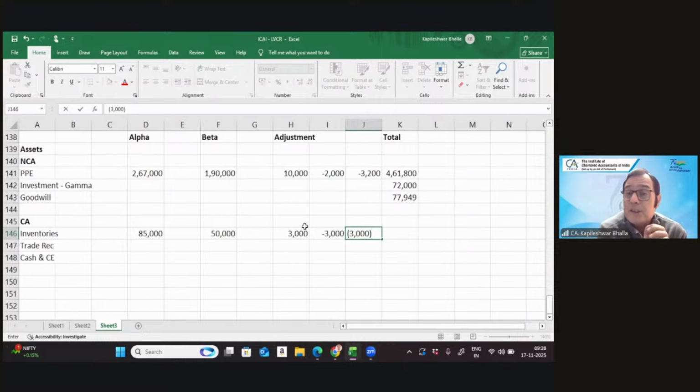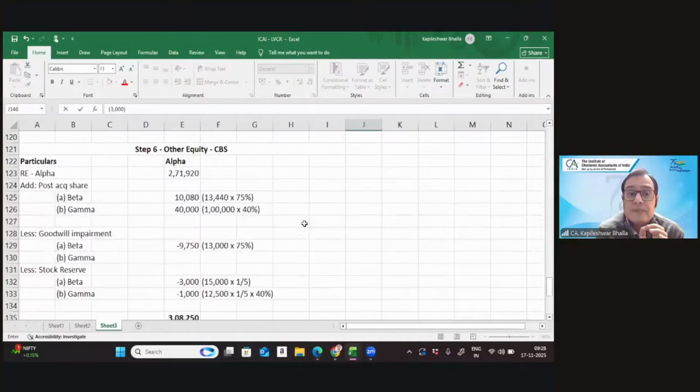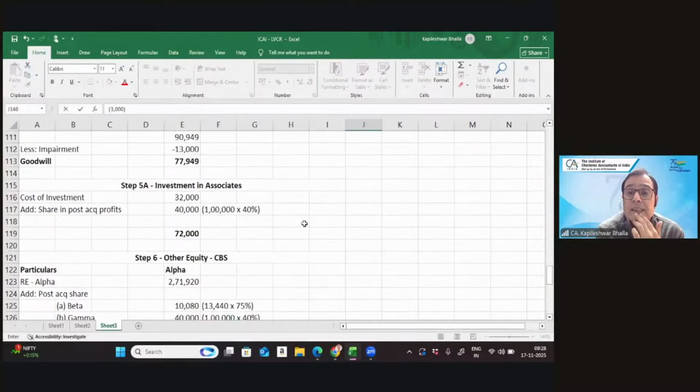And I think that reminds me that there is one thing which we need to rectify. Tell me what? The investment needs to be rectified. Can I say for the stock reserve as well? Because when you took the associate company, we also had to eliminate the stock reserve. So lest we forget, let's take that input as well, 1,000.